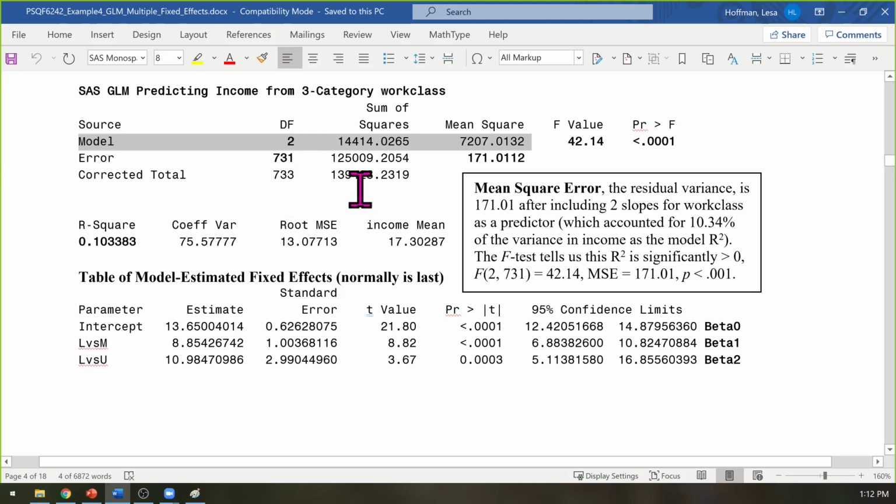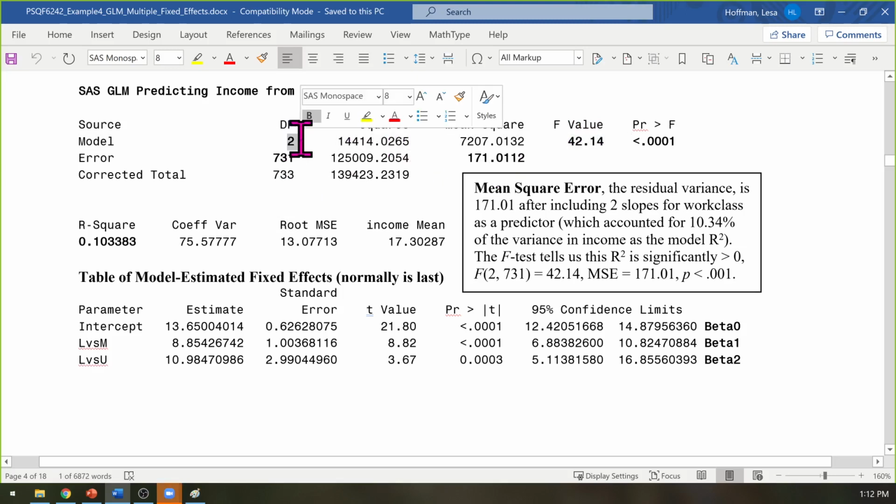The reason for that terminology, by the way, it boils down to this F. So where F comes from is this divided by this as the top of the F, and then the bottom of the F is this divided by this. And so those intermediate divisions are shown in this mean square column. So the 14,000 whatever divided by 2 is right here.